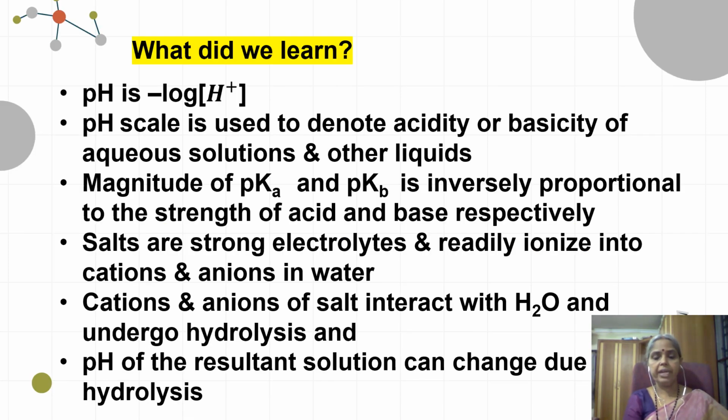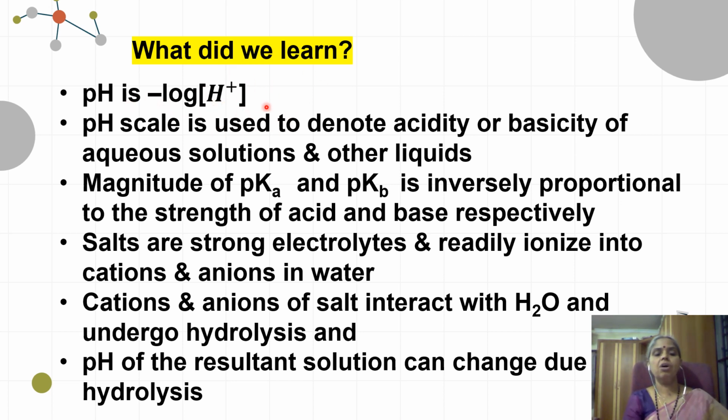So we end this chapter by recollecting what we have learnt. We have learnt that pH is the negative logarithm of H plus ion concentration. It is actually H plus ion activity, but in very dilute solutions, activity is equal to molar concentration.